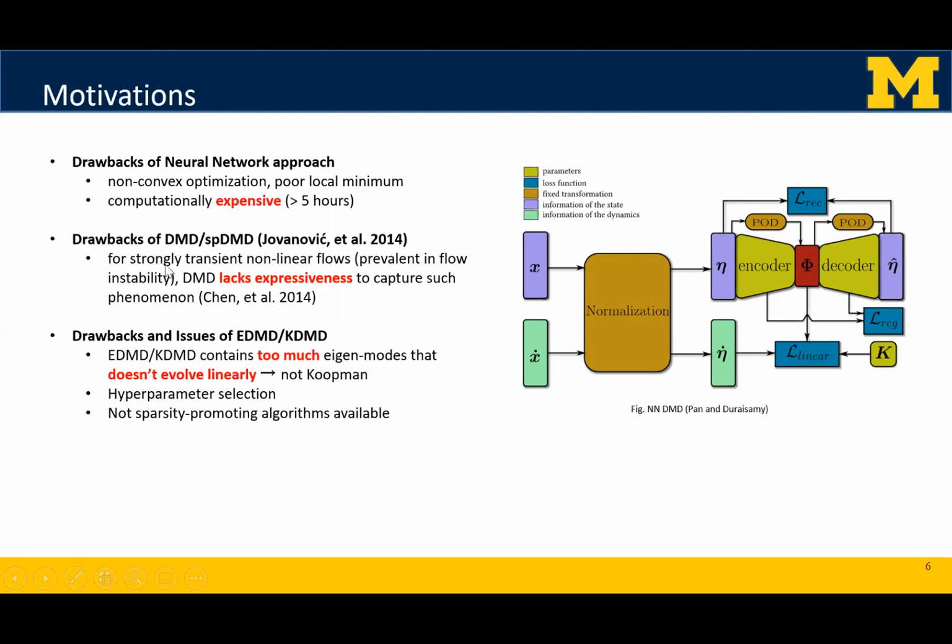For DMD and SPKDMD, as shown by Chen in 2014, they are not suitable for strongly transient nonlinear flows. For EDMD and KDMD, they contain too many eigenmodes that don't evolve linearly. This is also the problem for DMD as well. There is also a lack of a proper procedure for selecting hyperparameters, and there are no sparsity-promoting algorithms available.